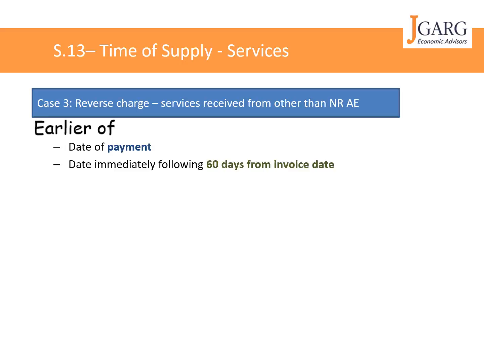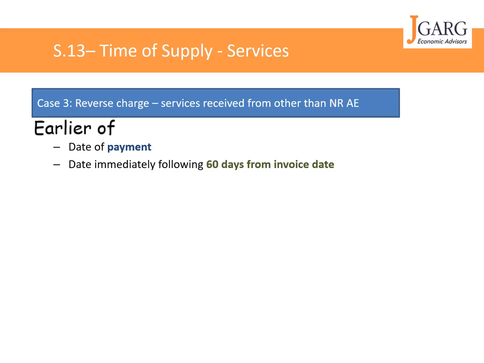So let's say you have received the invoice but you have still not made the payment, and it is now 75 days and you have not made the payment. So the 60 days from the date of invoice was your time of supply, and you should have paid tax based on that 60 days criteria.